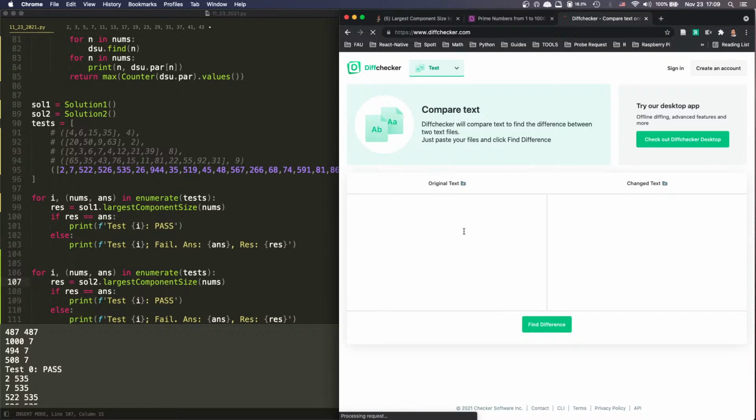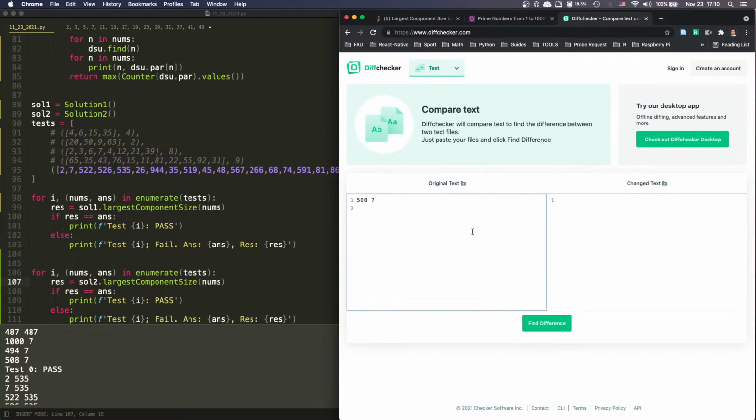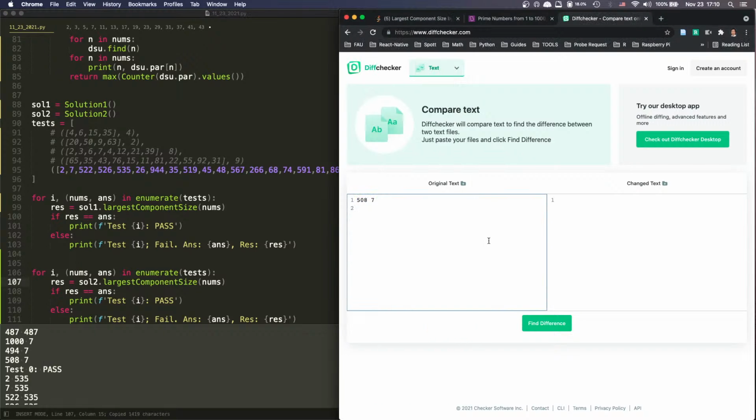This is our original text. Can I copy the entire thing here? Yeah. So we don't need this, and this one will go all the way up until here.